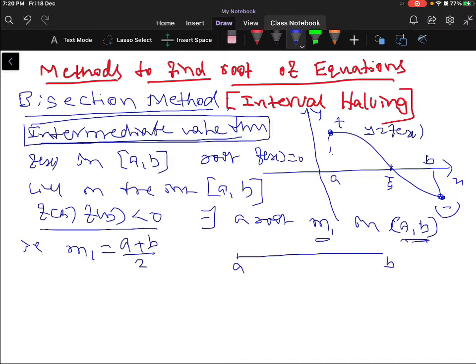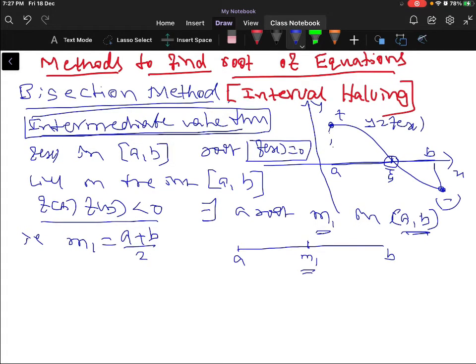You assume that the root lies between the interval ab, for example, the point z. So to find the approximate root of the equation f of x equal to 0, now what we do, just bisect the interval. Just take the sum and divide by 2. So we'll get the middle of this interval, that is m1, where m1 is equal to a plus b by 2.